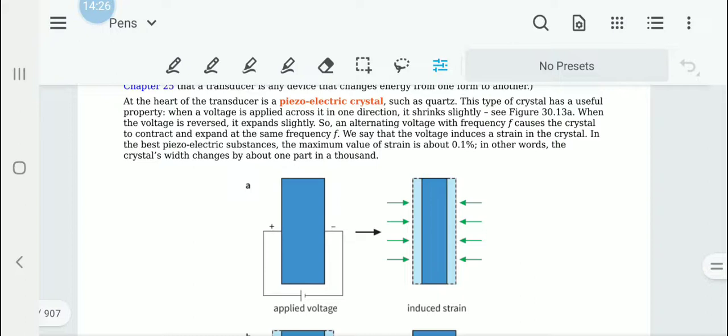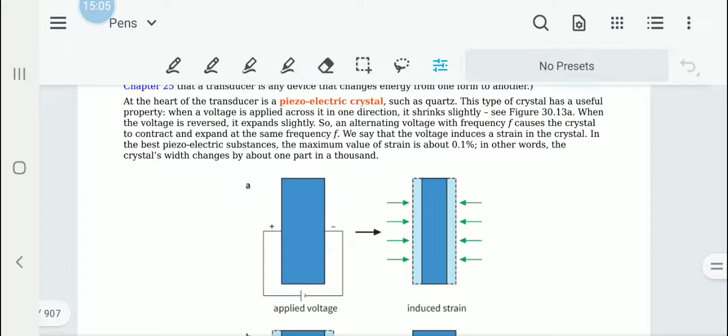When a voltage is given across it in one direction, it will shrink slightly. When it is reversed, it expands slightly. So when you alternate the voltage with the frequency that allows the crystal to expand and contract, its width will change by a certain margin.